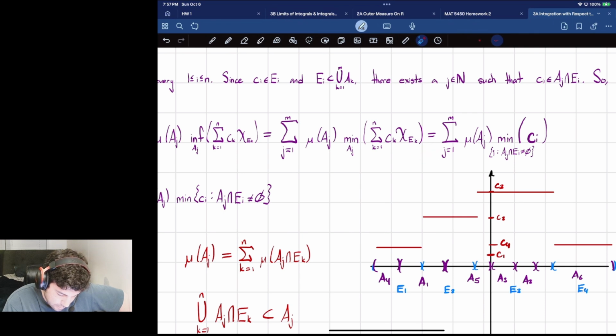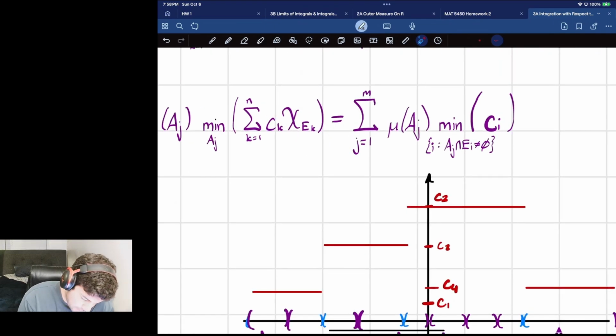I'm not sure though. The minimum. I wonder if I can write it like this.